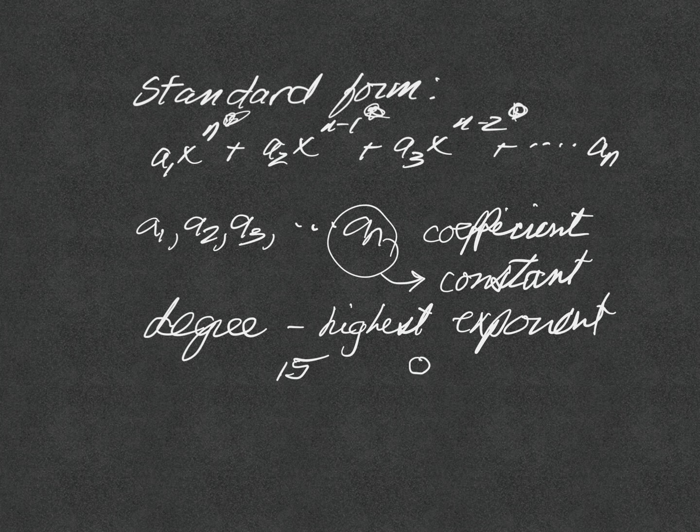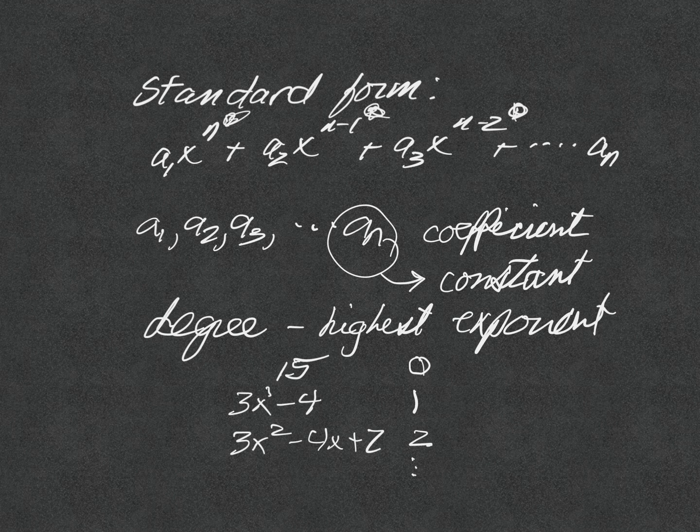If I have 3x minus 4, the degree of this polynomial is 1. That's the highest exponent in the polynomial. If I had 3x squared minus 4x plus 2, then the highest exponent is 2, so the degree would be 2, and so forth.